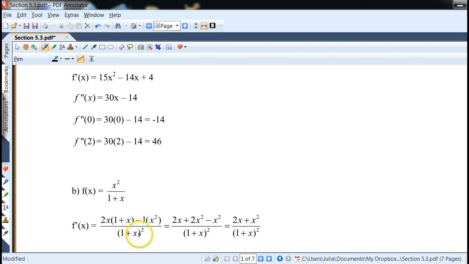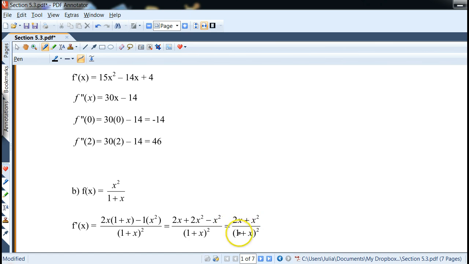So it would be (1 plus x) squared. Then, for the numerator, I start with the derivative of the top, which is 2x, times the bottom, which is 1 plus x, minus the derivative of the bottom, which is just 1, times the top, which is x squared. Then we can distribute and collect like terms. So notice we'll get 2x plus 1x squared, because the x squareds combine, over (1 plus x) squared.